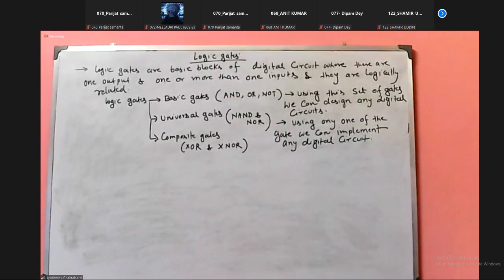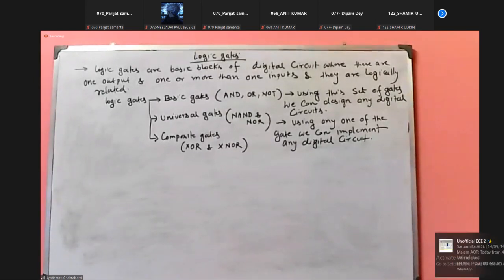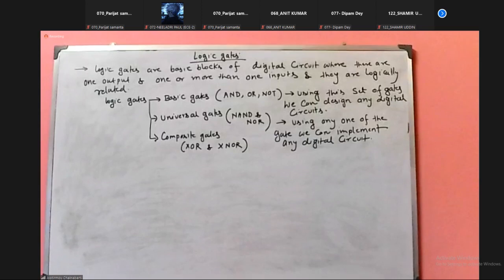These gates we have discussed. Once again, these are very, very important, because without knowing the truth tables of these gates, the symbols, or the logical expressions, you cannot proceed. I think all of you have understood that part in the lab. Today I am going to discuss the implementation of all the gates using NAND gates or NOR gates, that is, using universal gates.